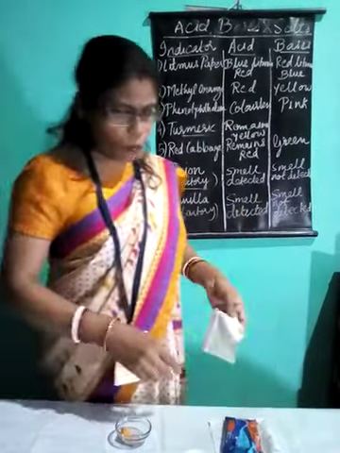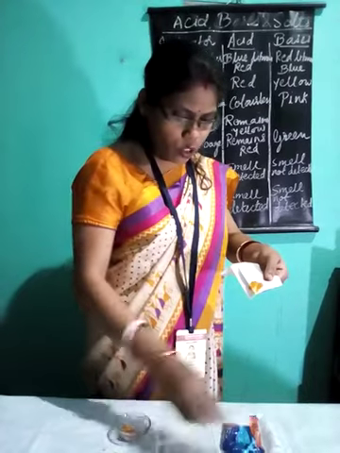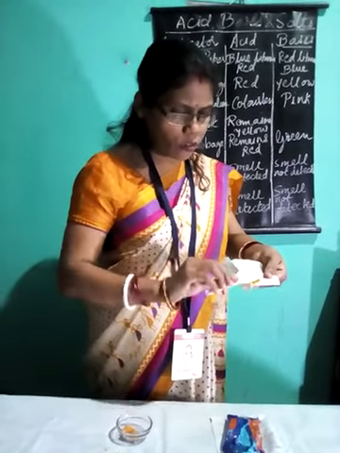Now for base, the same thing I'll do. Here I'll take some turmeric on the white piece of cloth, and I have to apply some soap. I'm trying to apply it. Okay, I'll apply it directly with hand. See. What can you see?